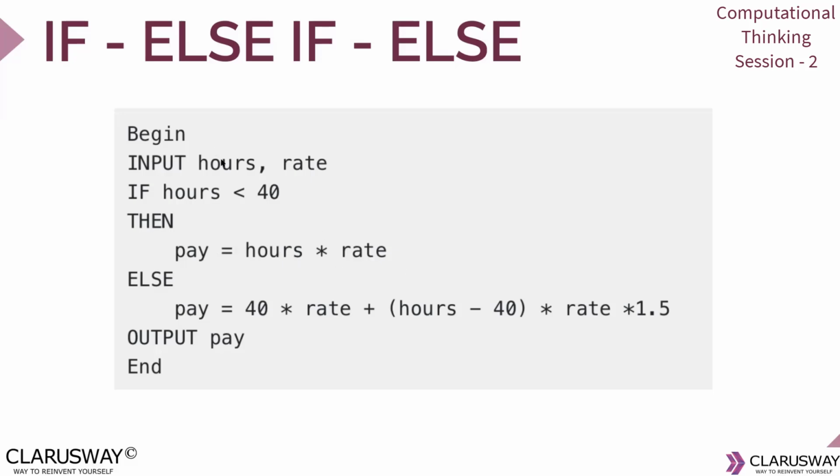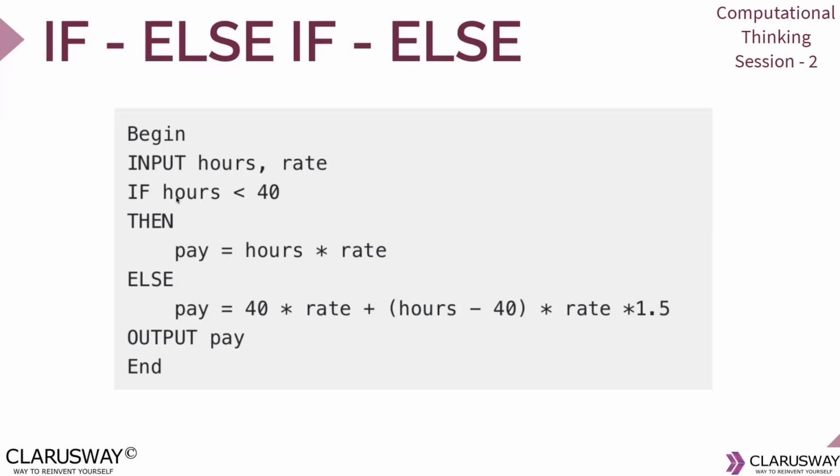So let's say this is a weekly wage and the hours are 30, okay? The person works 30 hours a week and their hourly pay rate is, let's say, $15, okay? Don't forget about that. So if hours are less than 40, what will happen in this case?